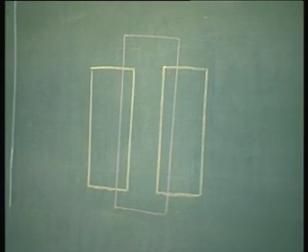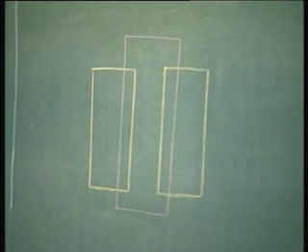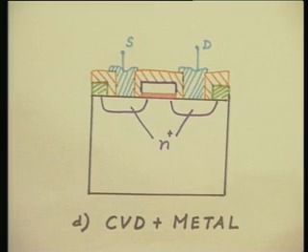Isn't it? It must overlap the source and drain region. For the metal gate technology, I must make sure that the gate oxide overlaps the source and drain region. But this has its own associated problem.